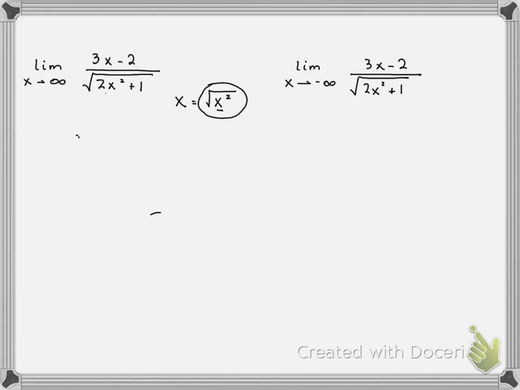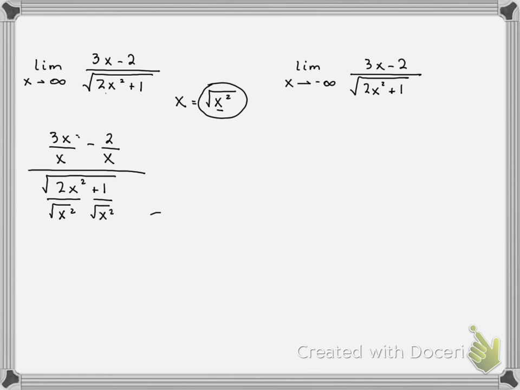As far as the numerator goes, we're going to be dividing by x, because again, the square root of x squared is x. And in the denominator, we are going to be dividing the square root of 2x squared plus 1 by the square root of x squared.